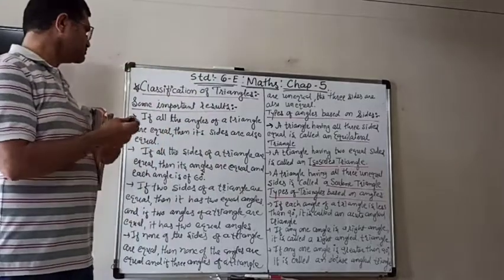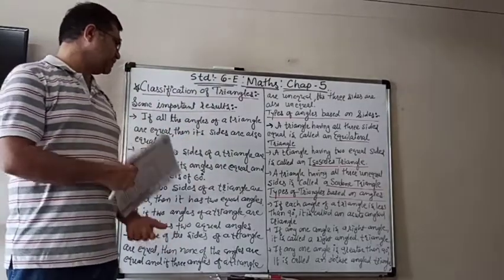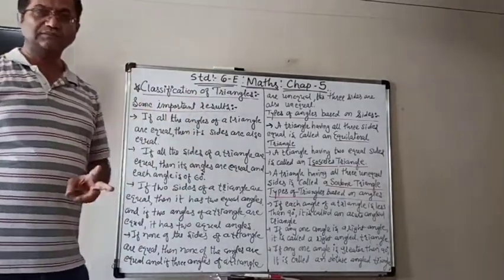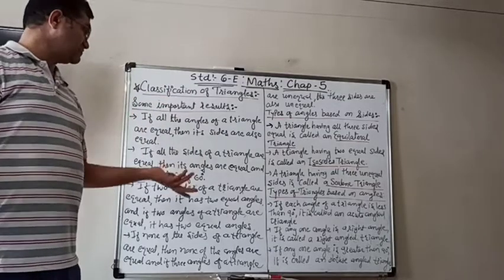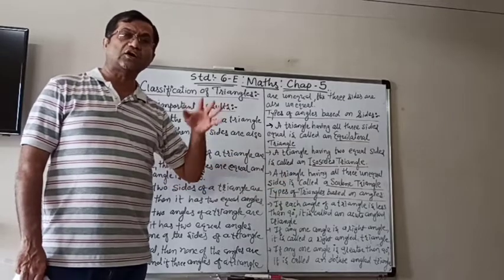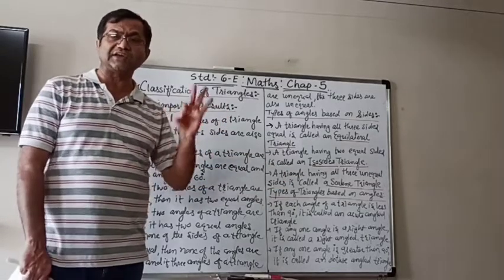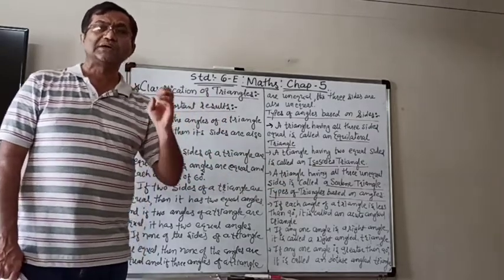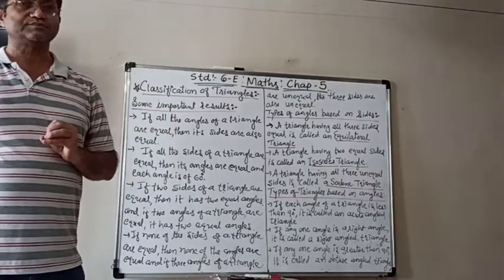Let's revise again. If all the angles are equal, then all sides are also equal, and vice versa. If all sides are equal, then all angles will also be equal, and each angle will have a measure of 60 degrees.